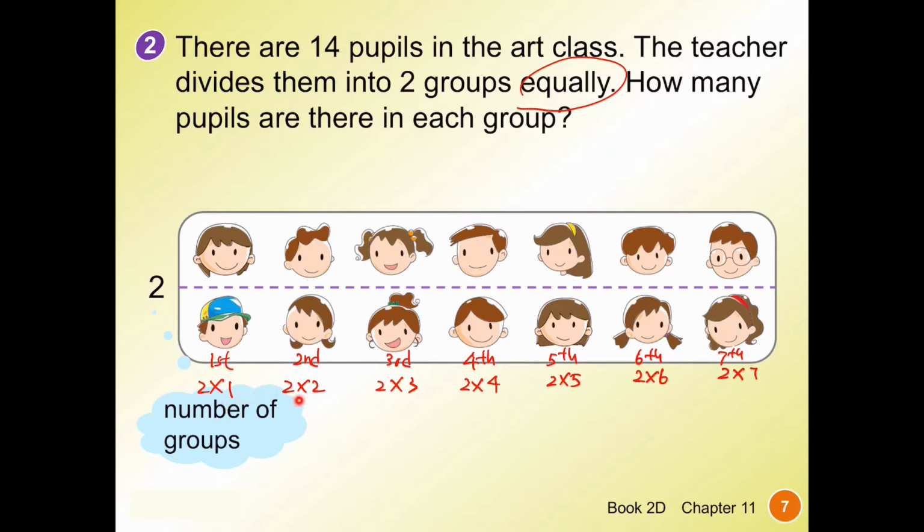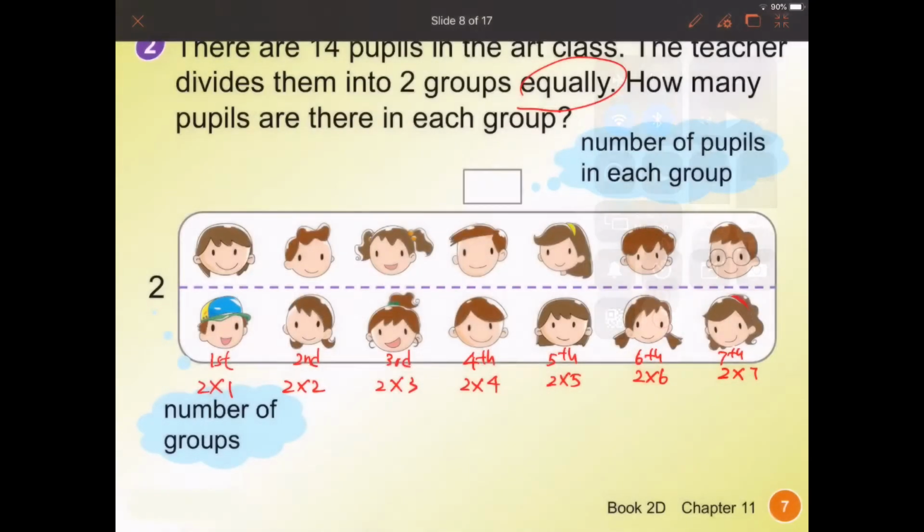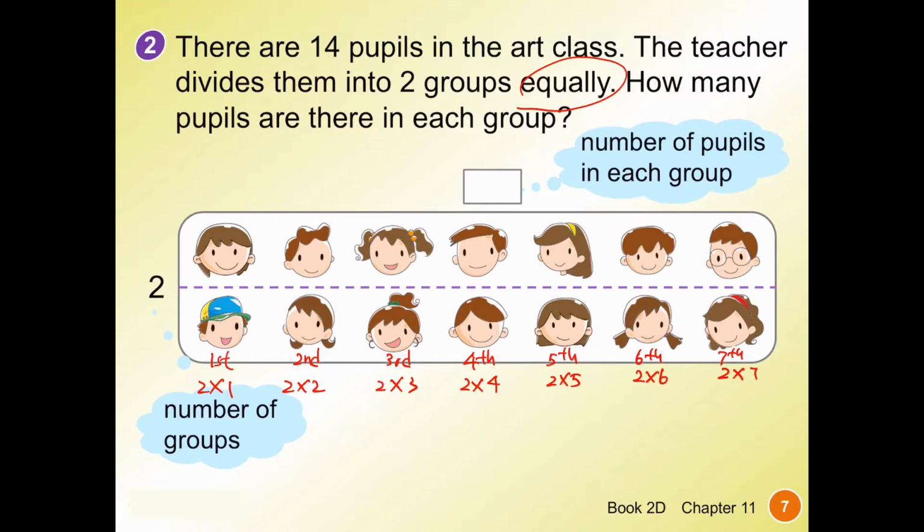And then we continue with the second time until all 14 pupils have been assigned to the 2 groups, and it will take us 7 times in total. And after doing the repeated subtraction, we know that each group contains 7 pupils.